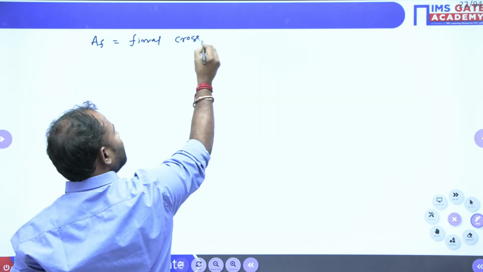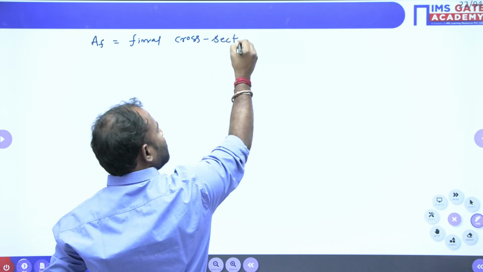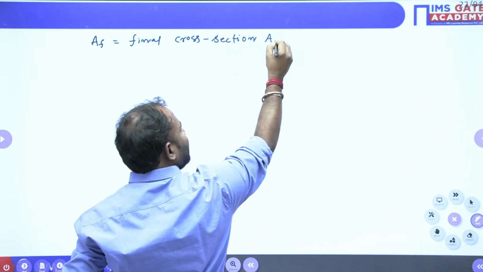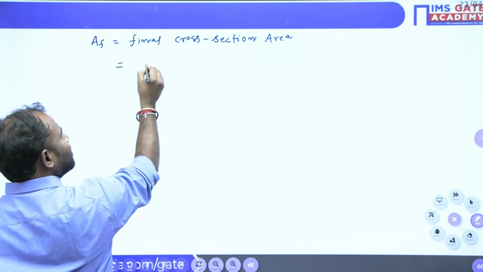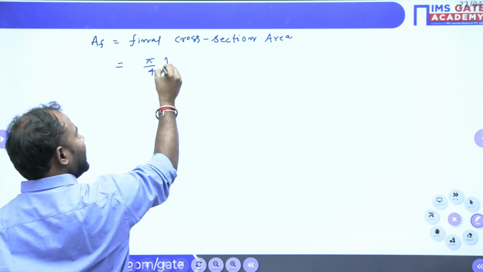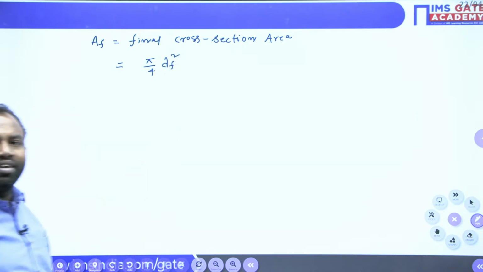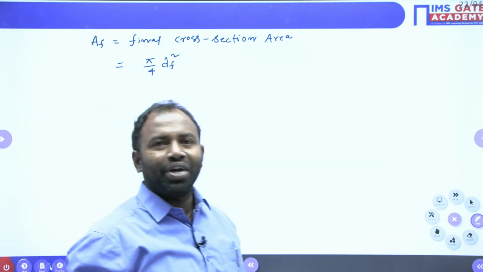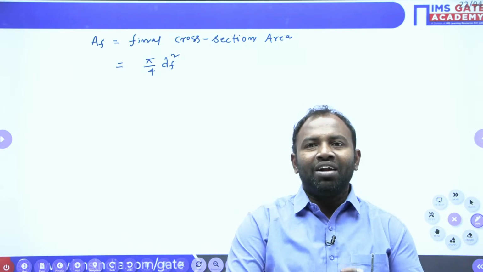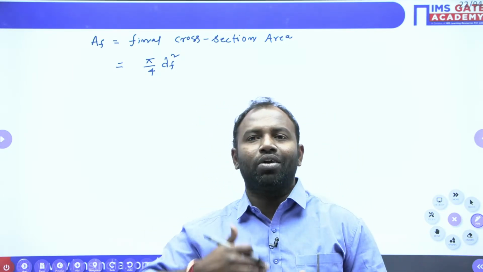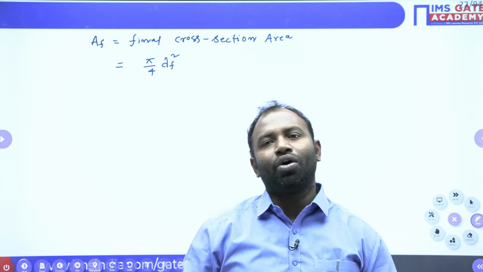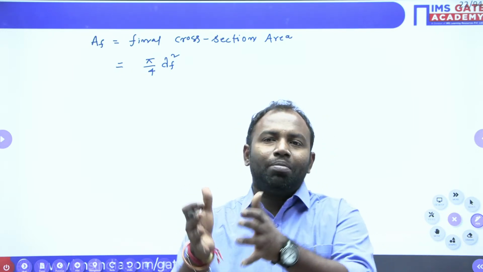How can we find DF? In the forging operation, in all metal forming processes, whether rolling, drawing, extrusion or forging, the volume is constant.